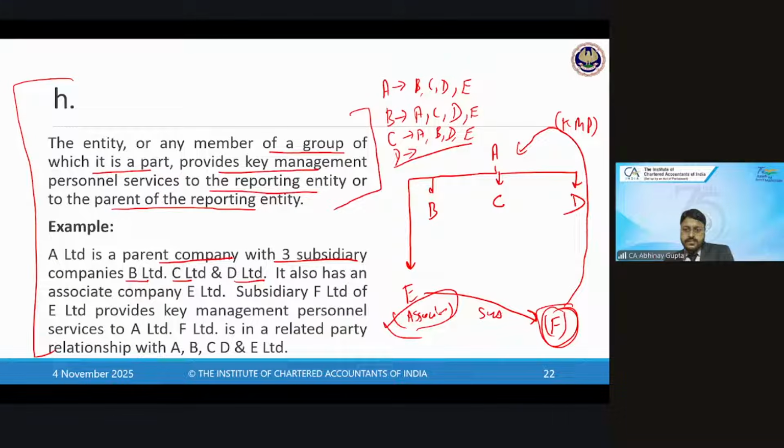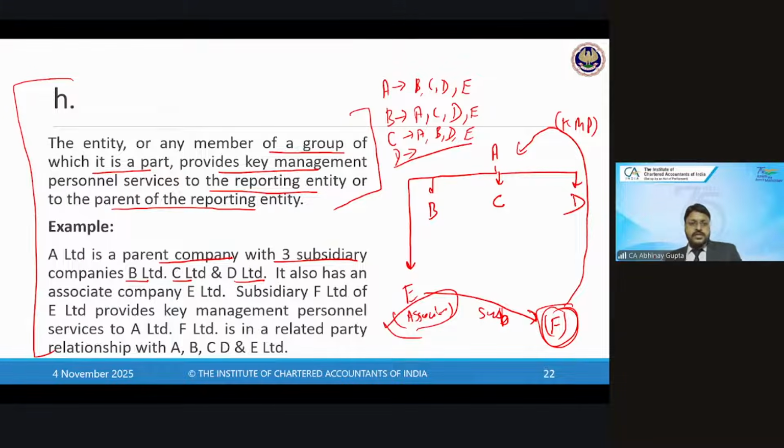Yes, sir, because E is the parent of F. So E and F are related to each other, a parent-subsidiary relationship, right? But by virtue of this clause, F is also related to A, B, C, D.